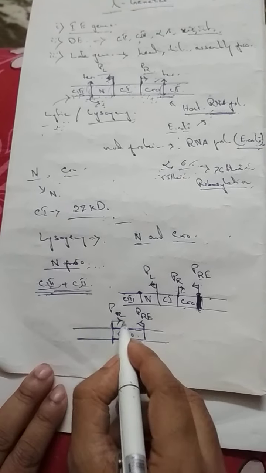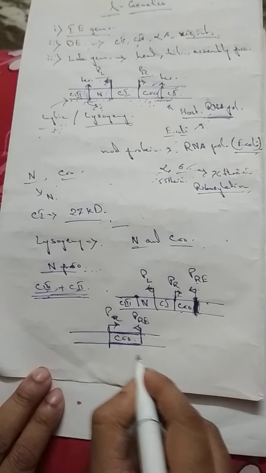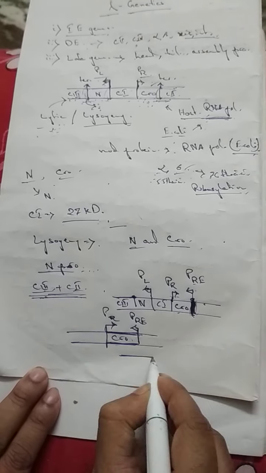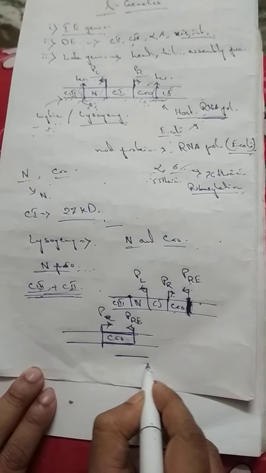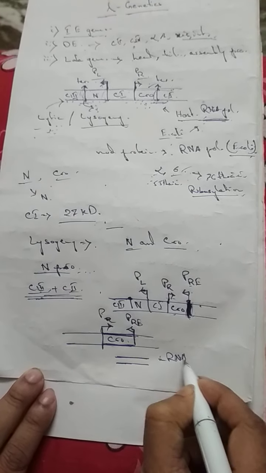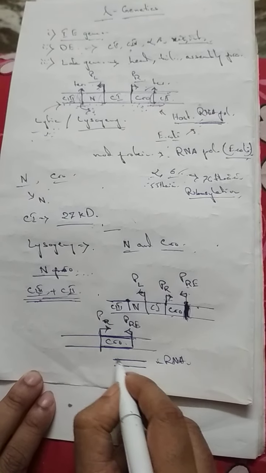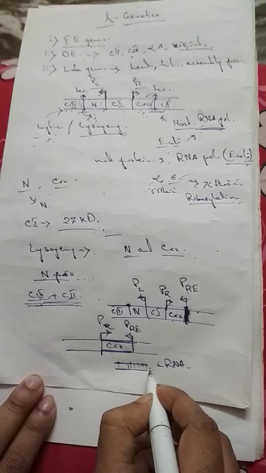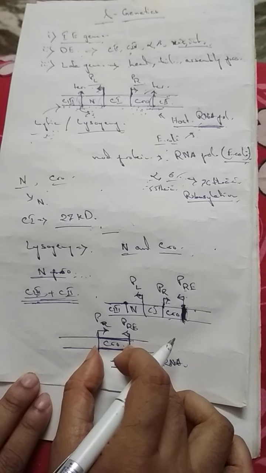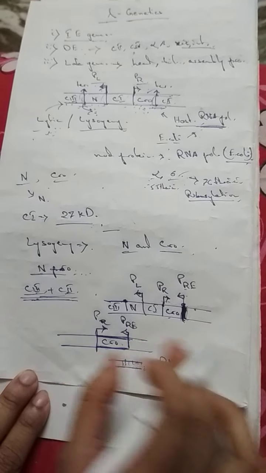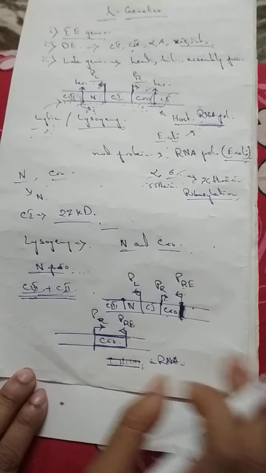So what will happen? A double-stranded RNA will form from the PR mRNA and the PRE mRNA. These are the mRNAs from both promoters, and together they form a double-stranded RNA. So the expression of the CRO gene is blocked. Expression of the CRO gene is vital, as we'll learn later.